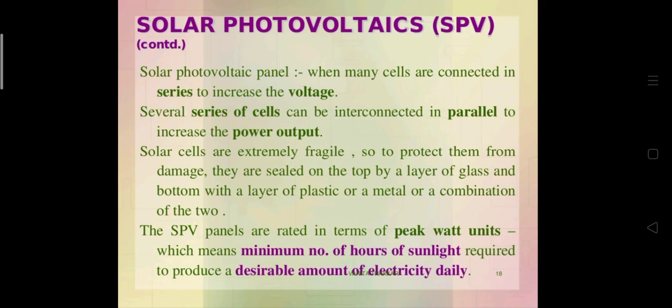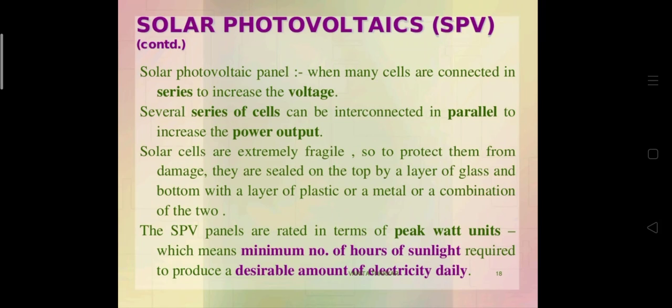These solar photovoltaic panels are rated in terms of peak watt units, which means the minimum number of hours of sunlight required to produce a desirable amount of electricity daily.